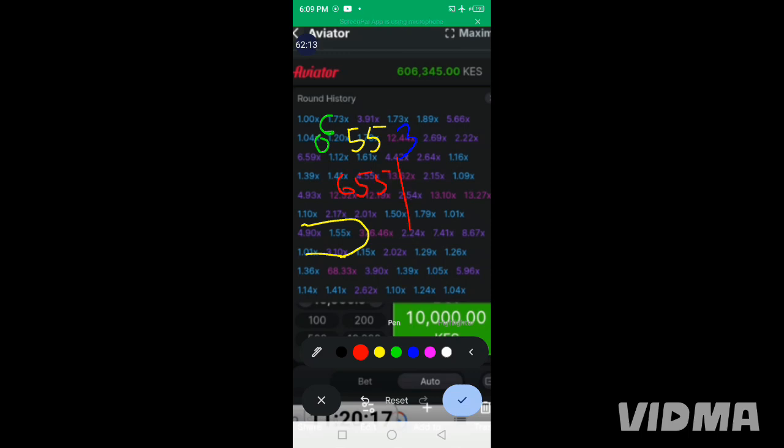Here we have 5, 5, 3. So there are two things happening here, guys. The first one is that 6 is being increased by 55. This is later. For those who are in class, you know the meaning of later. And this one is 55 increasing 3 now.